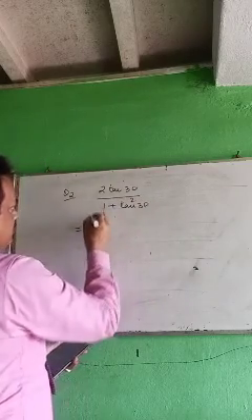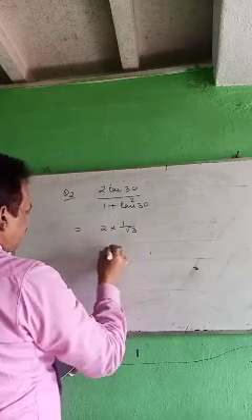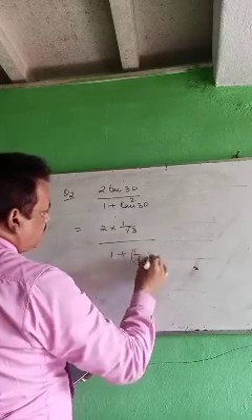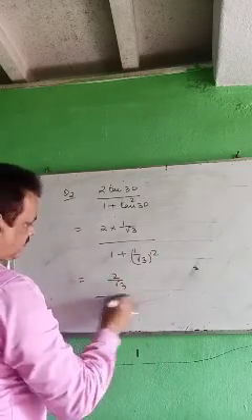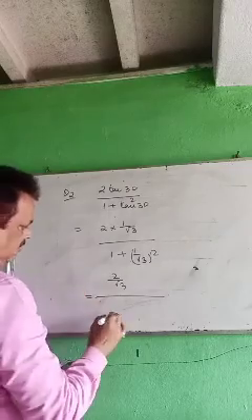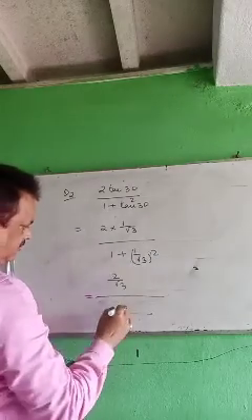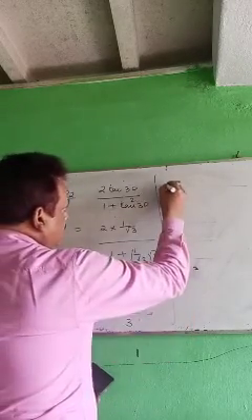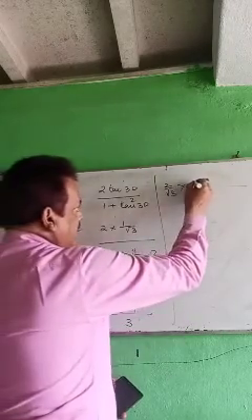How much you got? 2 into 1 by root 3, by 1 plus 1 by root 3 square. This is 2 by root 3, by 3 is the LCM, 3 plus 1. So 2 by root 3 upside down 3 by 4.